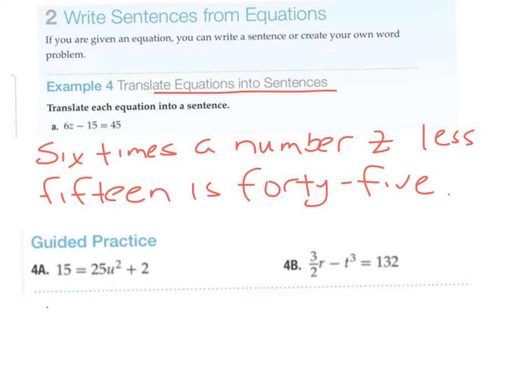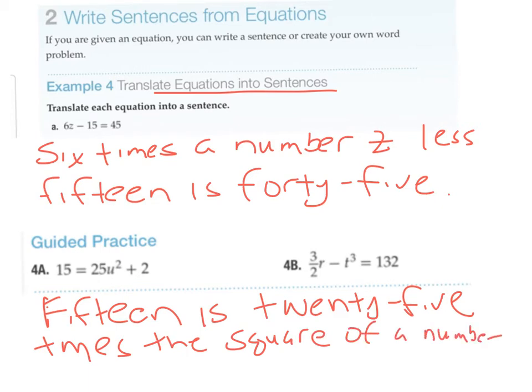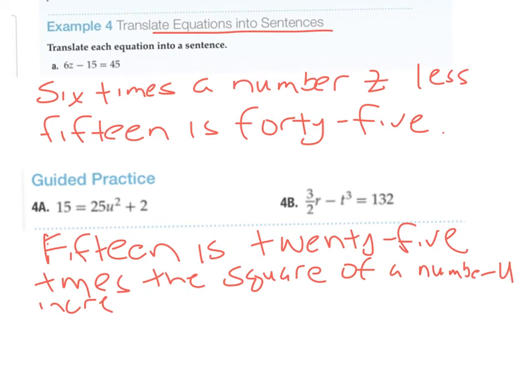Next one, we could have 15 is 25 times the square, because it's taken to the second exponent, square, of a number u increased by 2. Increased meaning add.